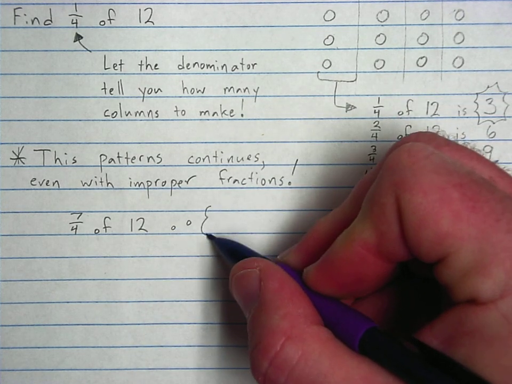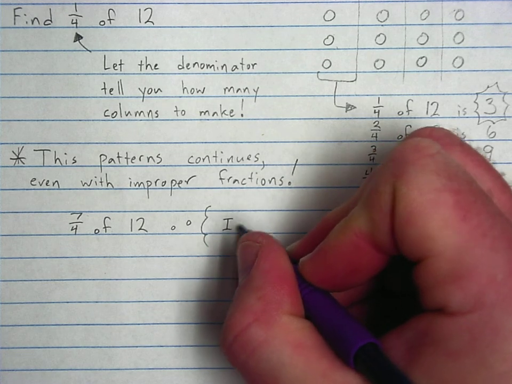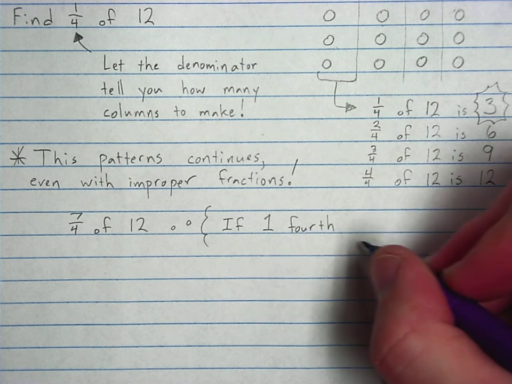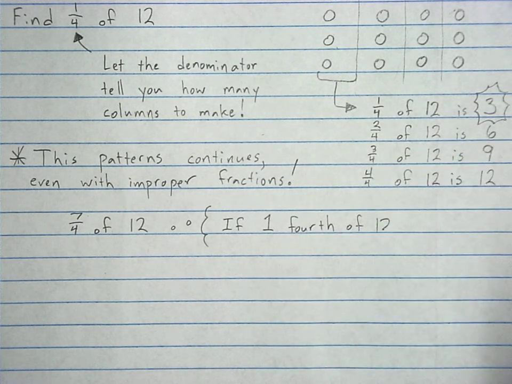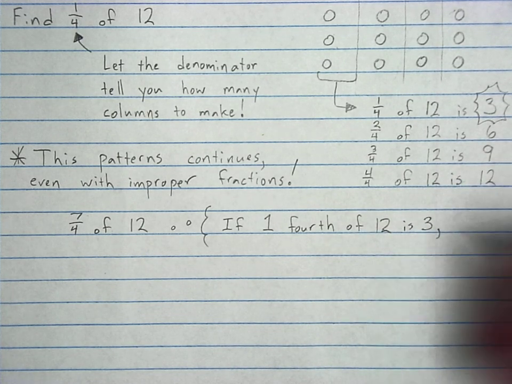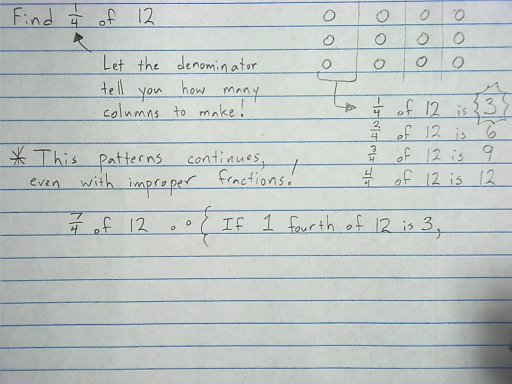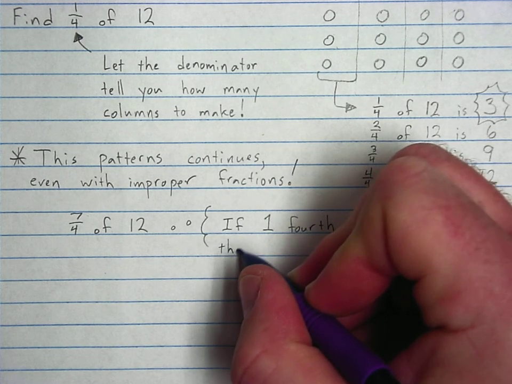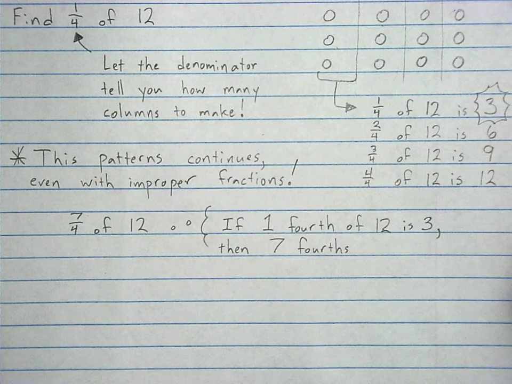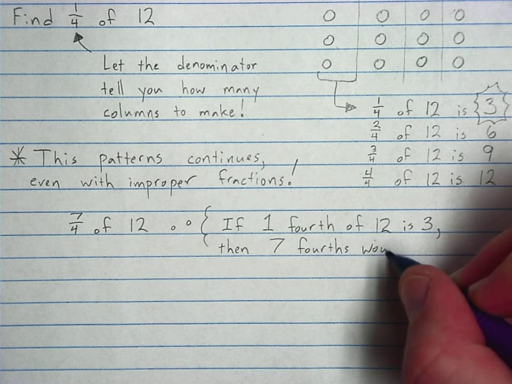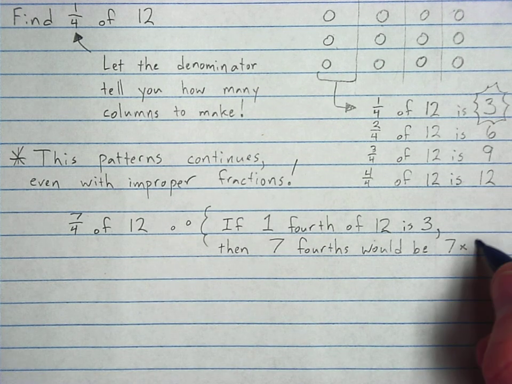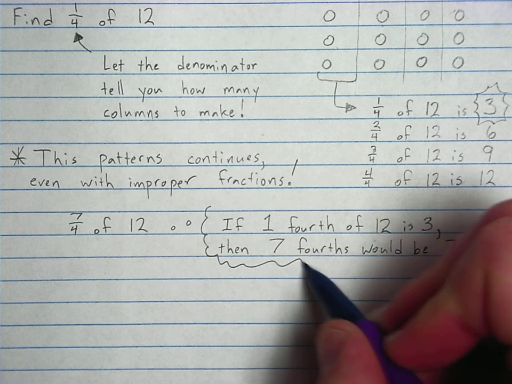Okay, now I'm thinking to myself, if 1/4 of 12 is 3, and we established that earlier, then 7/4 would be 7 times that. 7 times as much. It would be 7 times 3.